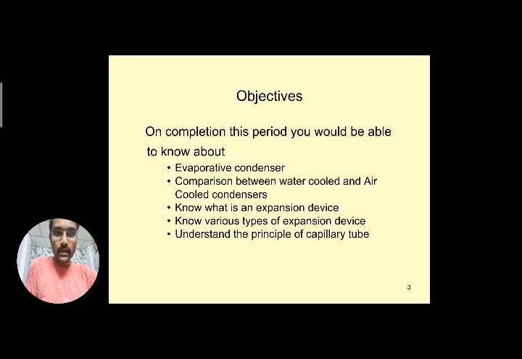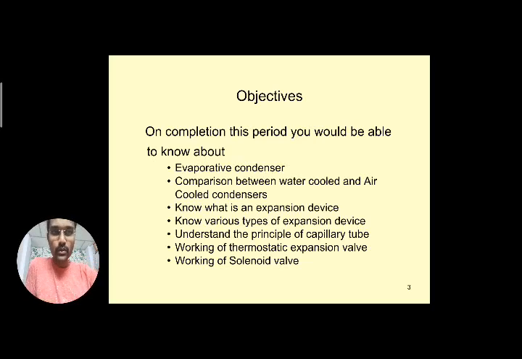Next we will see the principle of the capillary tube and the thermostatic expansion valve. These two are types of expansion devices. We will see the working and line diagram of both, and at last, if time permits, the working of the solenoid valve also, and all these devices and equipment used in refrigeration.